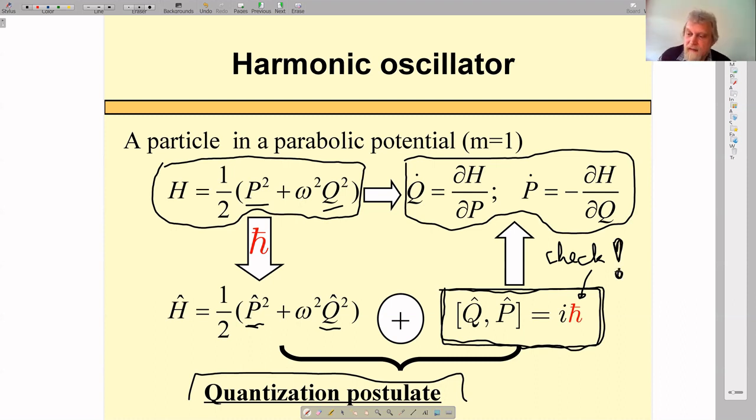How can we do this? First, we could derive quantum equations. Quantum equations we derive with the help of Heisenberg. As you remember, the derivative of an arbitrary operator A. What was that? Actually, I don't remember the sign.